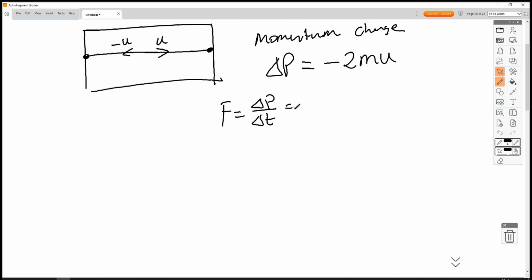Now in this case, I'm going to drop that negative sign because I only care about the magnitude of the force. I don't care about the direction. And the direction changes depending on which wall it's bouncing off of. So the force is equal to 2mu all over delta t.